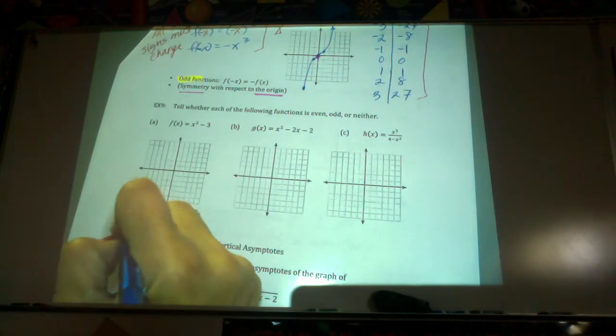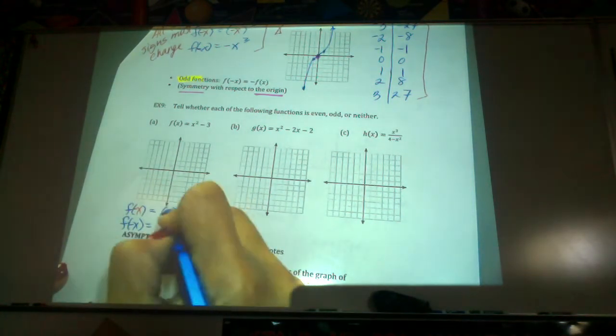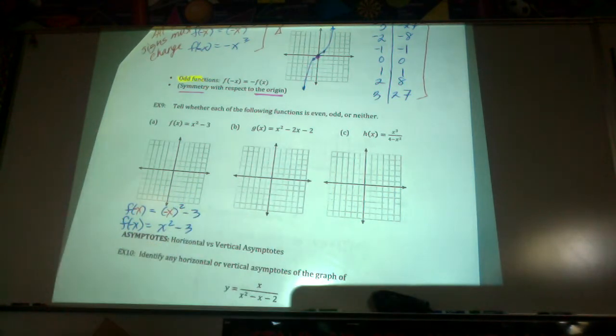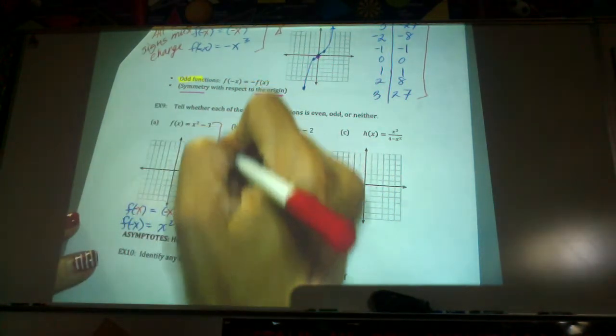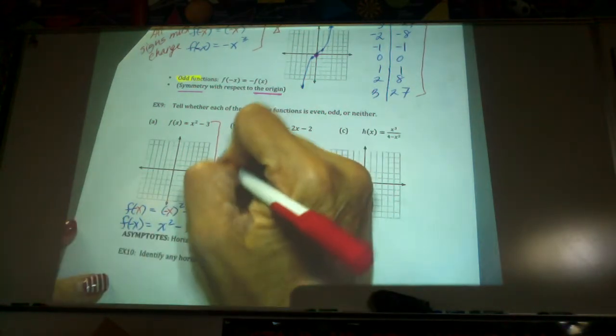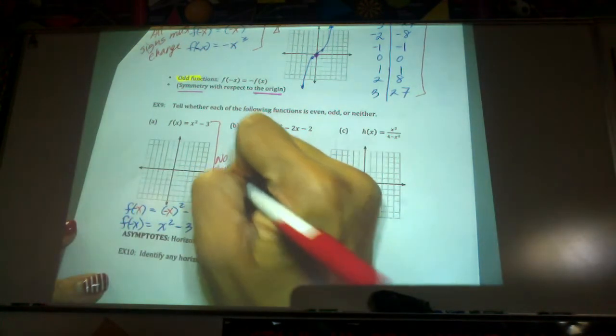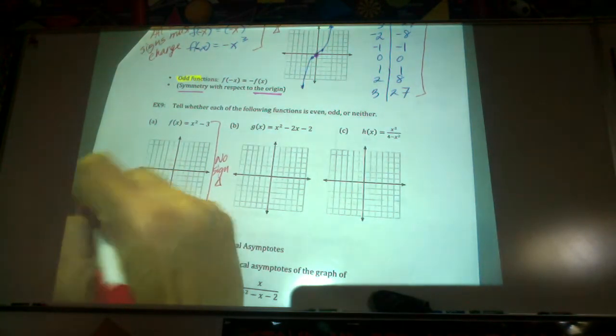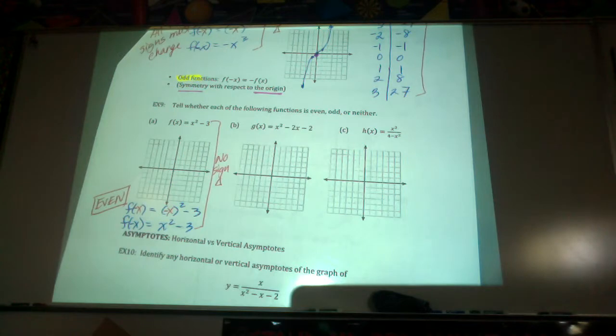So I get f of -x is equal to, I square -x, I still get a +x squared minus 3. So compare the original to the new. Are they the same or different? Exactly the same. No signs have changed. So there was no sign change. So just based upon the algebra, I know that that's an even function.